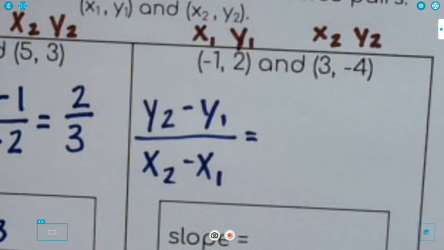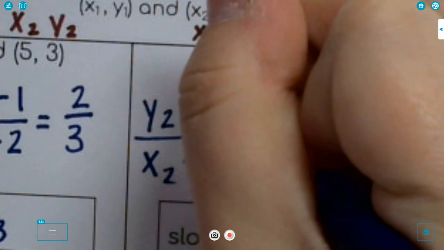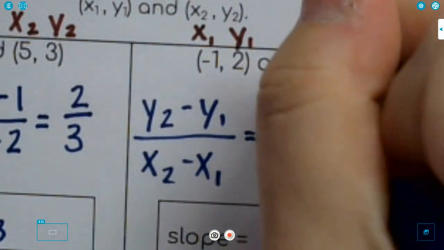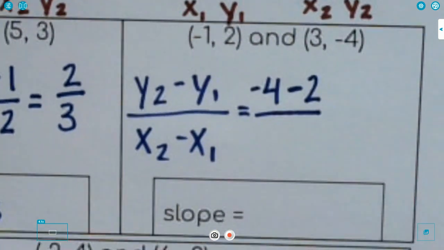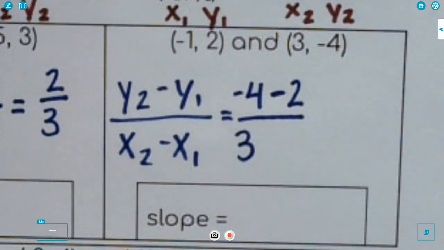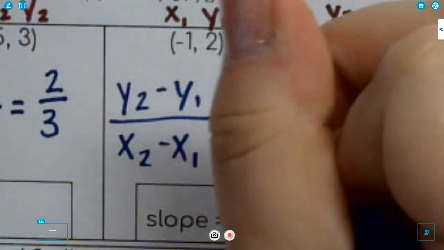So y2, what is my y2 value? -4. Awesome. Minus, what is my y1 value? 2. So -4 minus 2 on top over, on bottom, I've got x2, which is 3, minus -1.